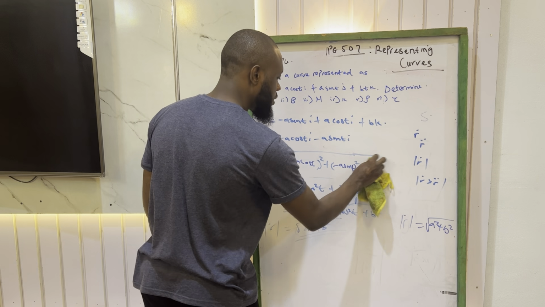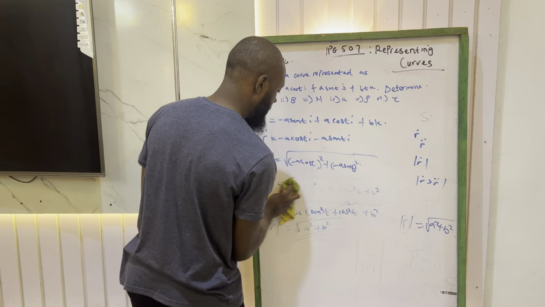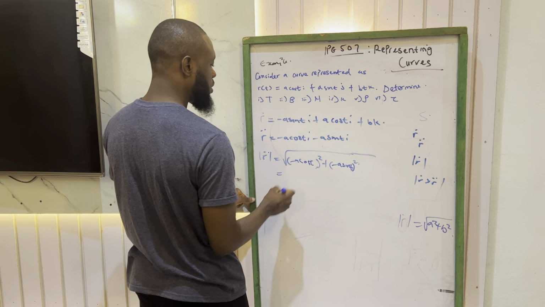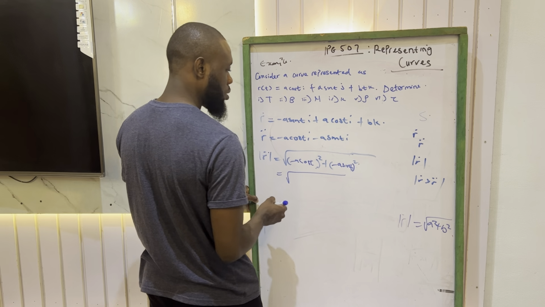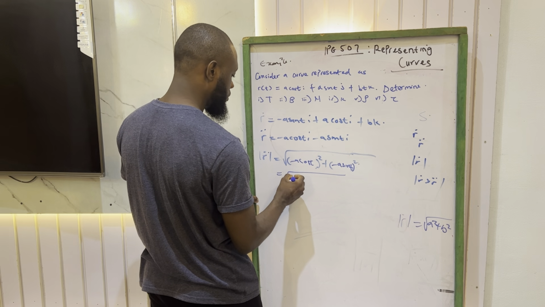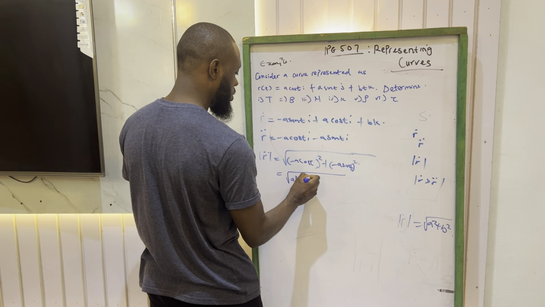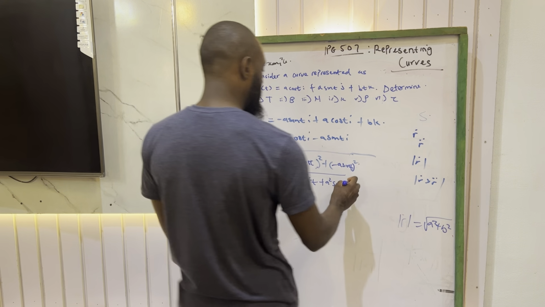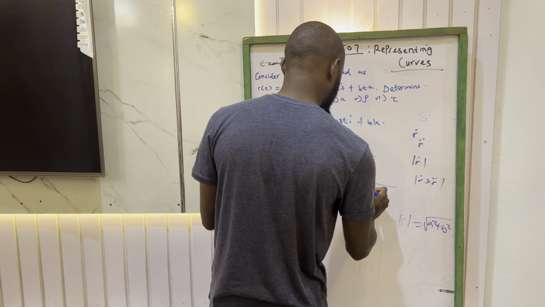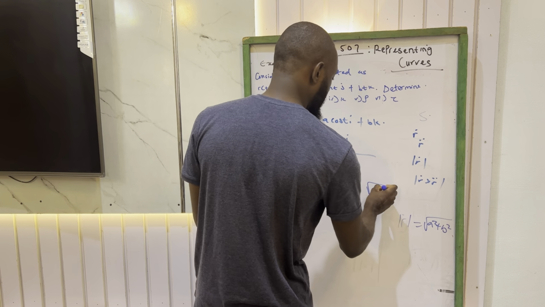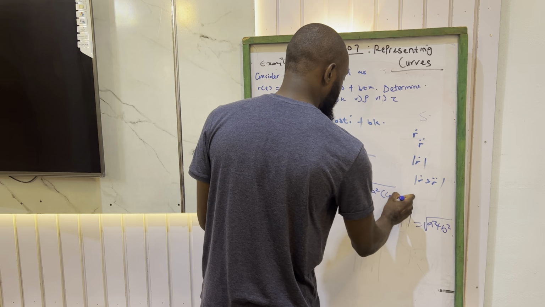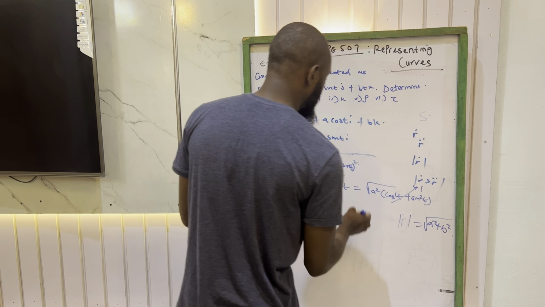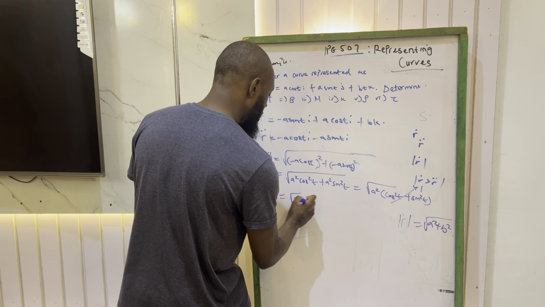We do not have anyone for k. So this evaluates to a squared cos squared t plus a squared sin squared t under the square root. A squared, because we factorize it, it's obvious, times cos squared t plus sin squared t. This gives us 1. So at the end of the day, we have square root of a squared, which gives us a.